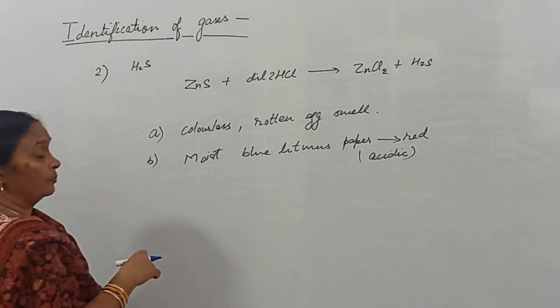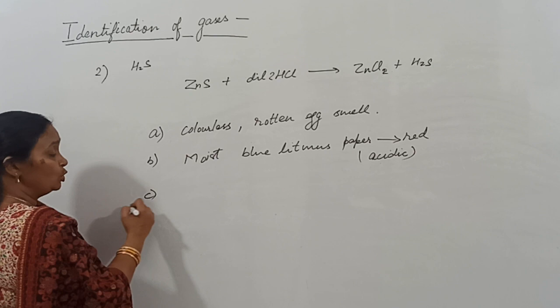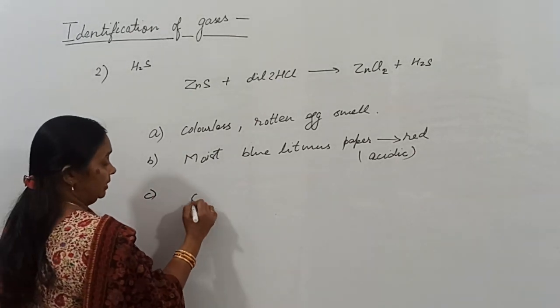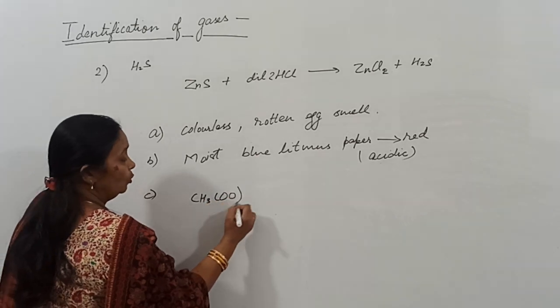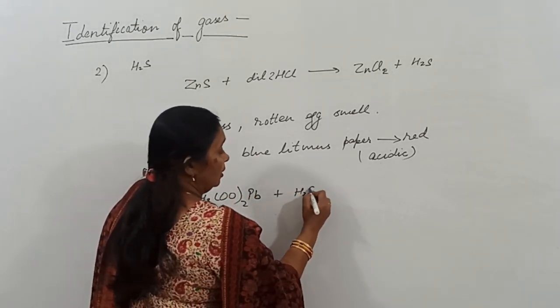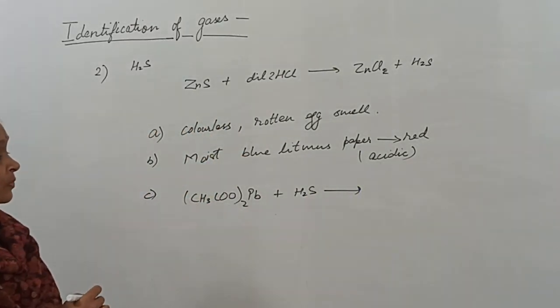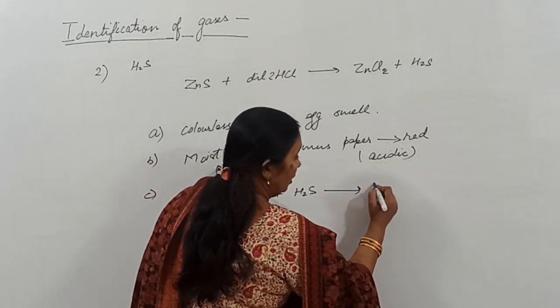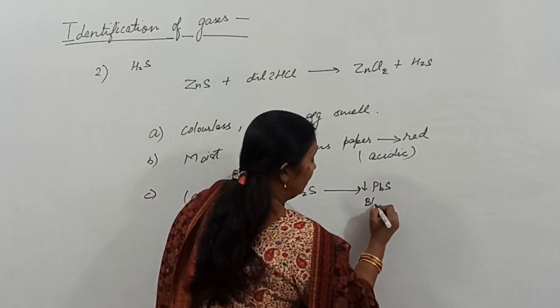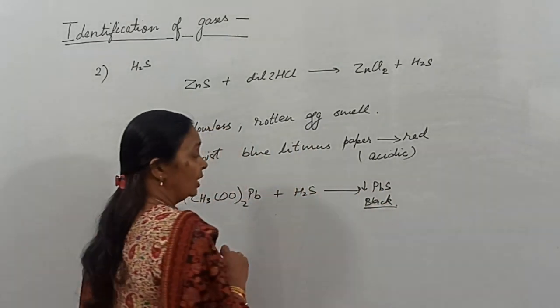And then the most important test which is shown by this gas is if you have lead acetate, (CH3COO)2Pb. If you pass hydrogen sulfide through it, it will form PbS, lead sulfide, which is a black color substance.